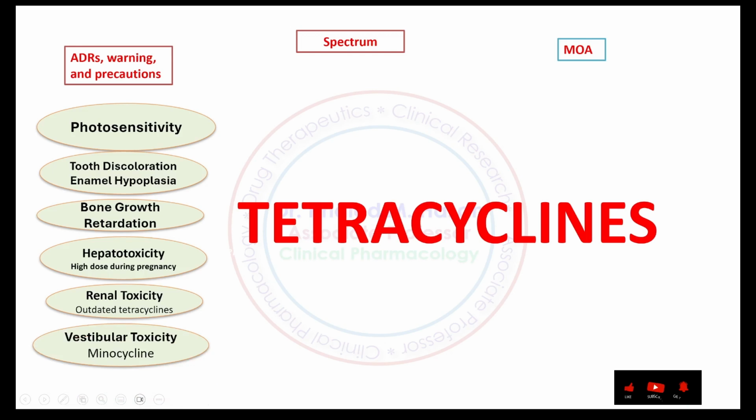A specific type, minocycline, was found to be associated with vestibular toxicity. So we have vestibular toxicity here. The patient may suffer from imbalance, dizziness, and vertigo due to treatment with minocycline.